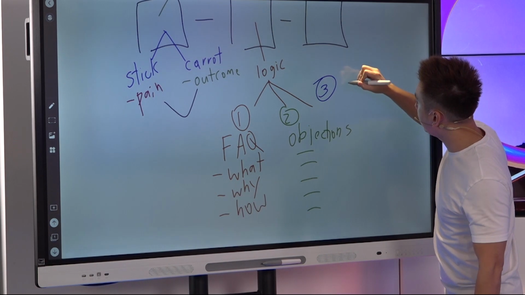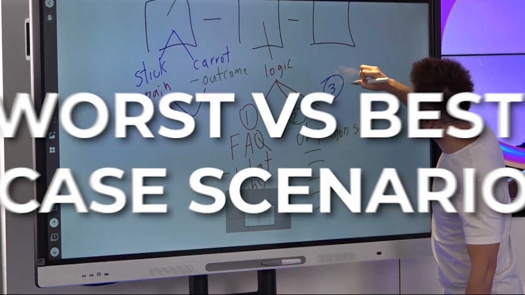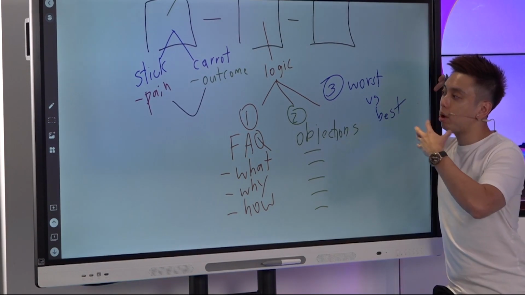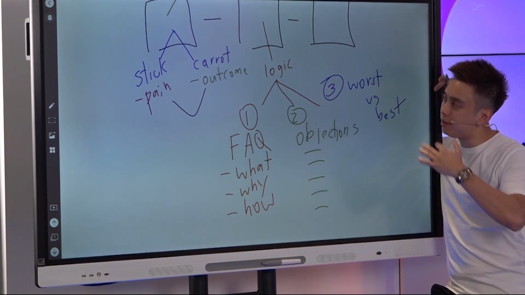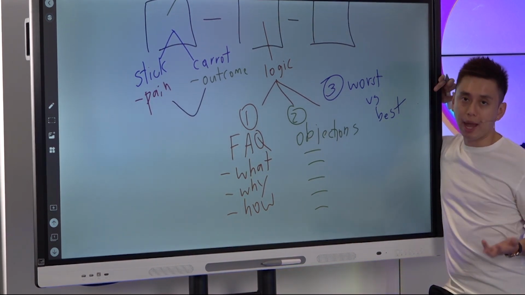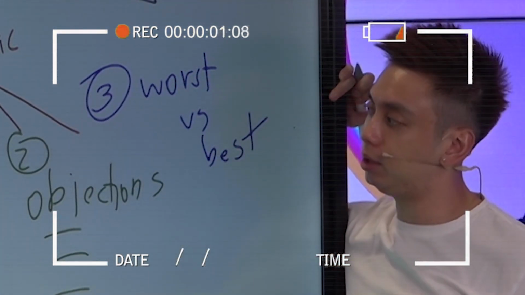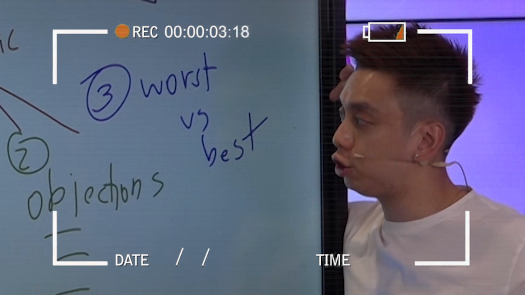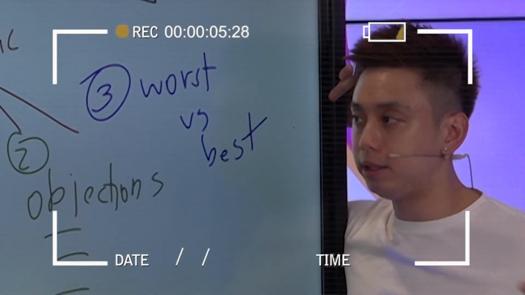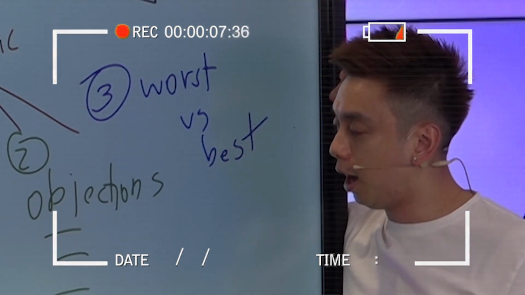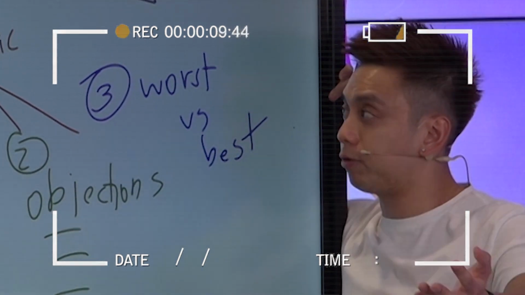Logically, a good way is to think about worst case scenario versus best case scenario. You want to be able to show them the contrast. Okay, so if you did this, what's the worst that could happen? What's the best thing that could happen, right? If you did this, the best case scenario is it changes your business, it changes your life, and just like all these different clients and case studies that I've shown you, it worked for them and it worked for you as well.